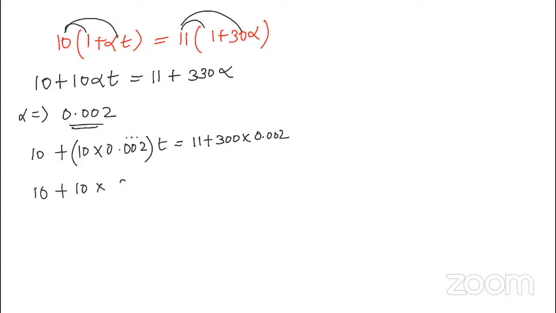Okay, that is 2 divided by 1000 into t, plus 300 into 2 divided by 1000.